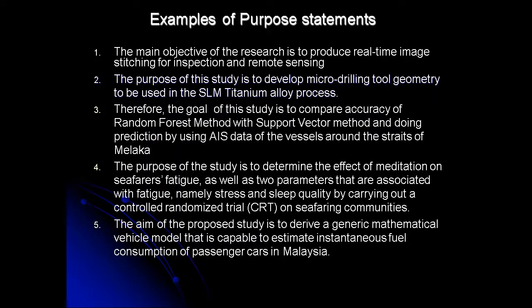You can easily identify it. You can say, since the main objective is to produce real-time image, he's going to fill in that gap in knowledge. That means nobody has done production of real-time image stitching for inspection.